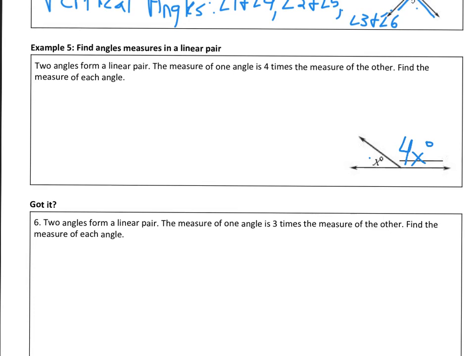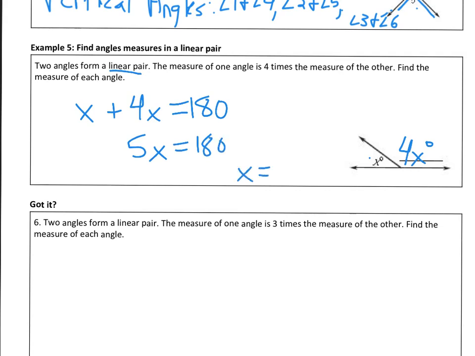So our definition of linear pair means this angle plus the other one that formed that linear pair add to equal 180 degrees. Linear pair, you think supplementary. So that'd be x plus 4x equals 180. To solve this equation, I combine like terms. 5x equals 180. x equals 36 degrees, if I'm not mistaken.